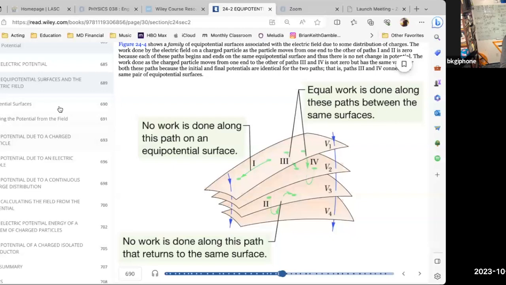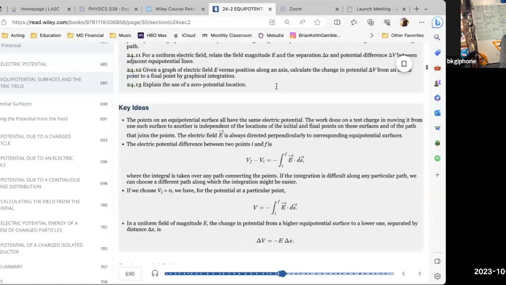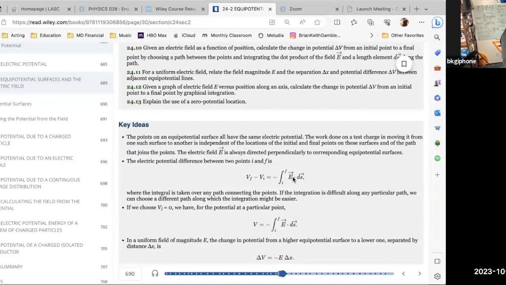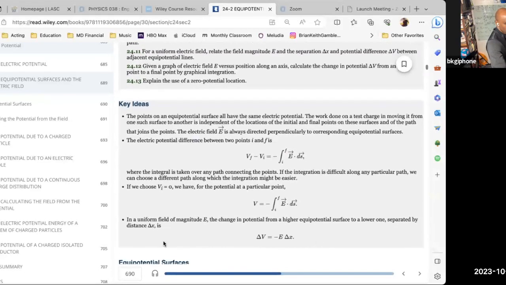So again, this first section here, electric potential, equipotential surfaces, they said a little bit. I'll talk about that. But the point is, this thing right here is what I just derived. This equation here is equation 22. So they start with that, and then they say for a uniform field, it's equation 21.